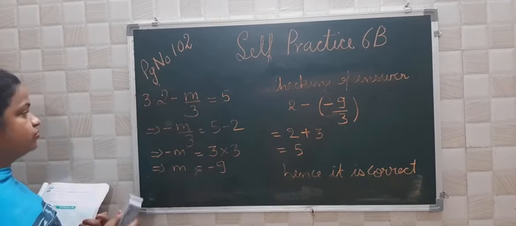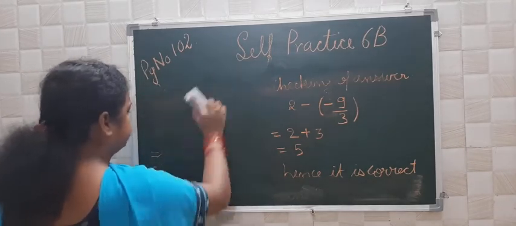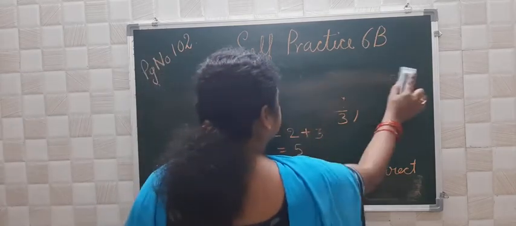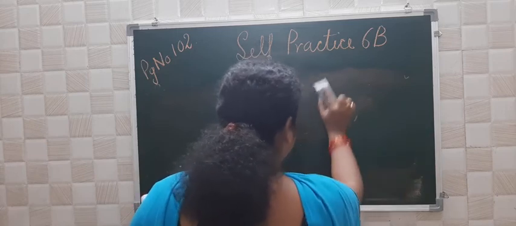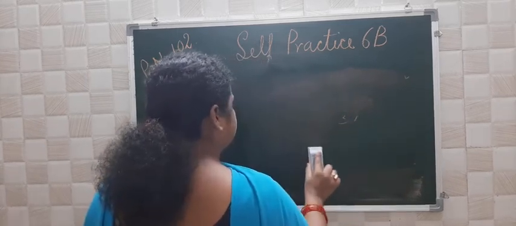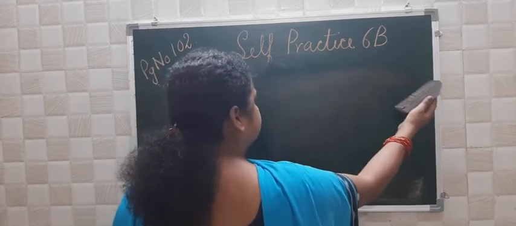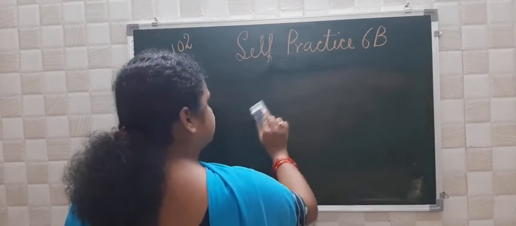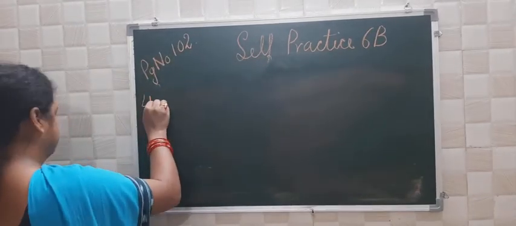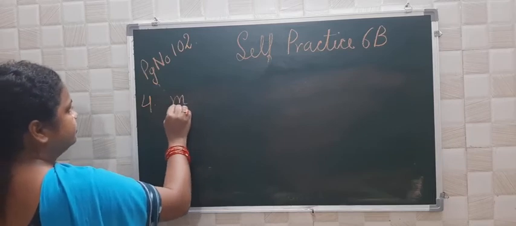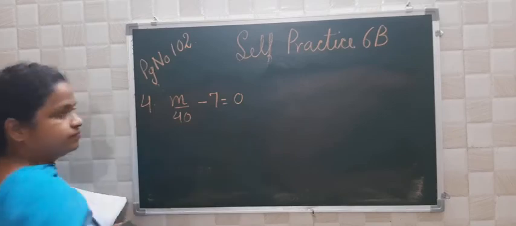Now move to the fourth question. M by 40 minus 7 equal to 0.